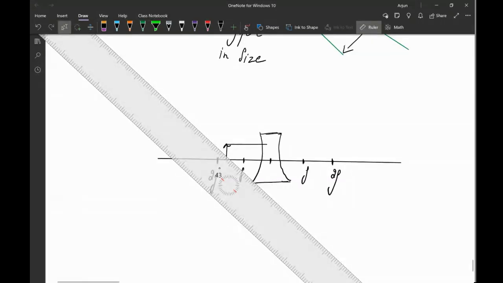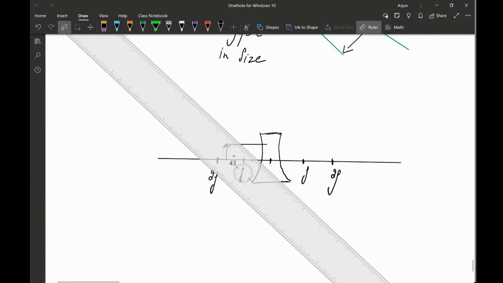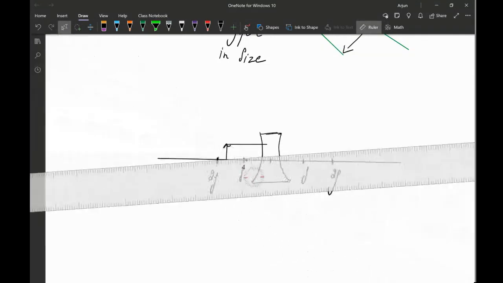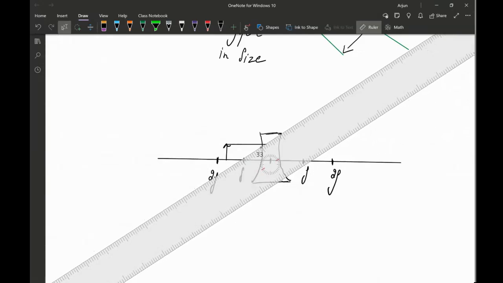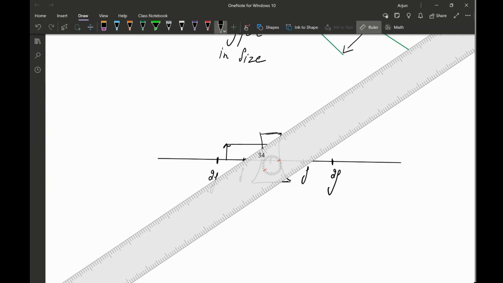So first ray, as I said, is passing through the focal point because it is bending, so it's going to go like this.